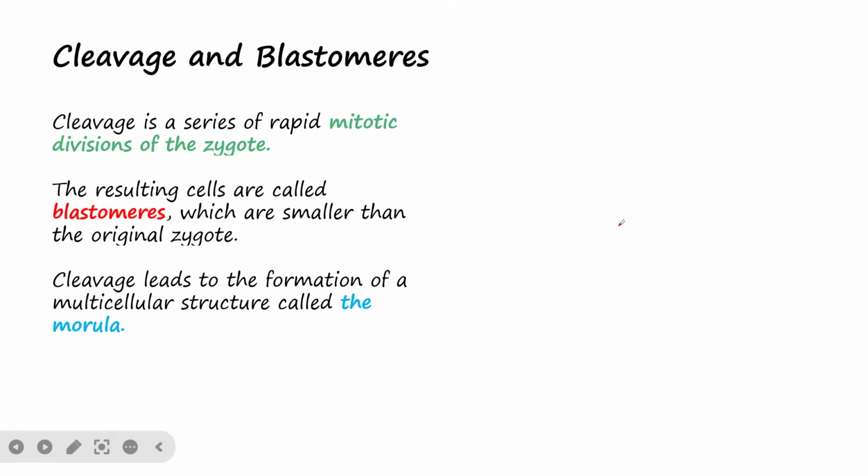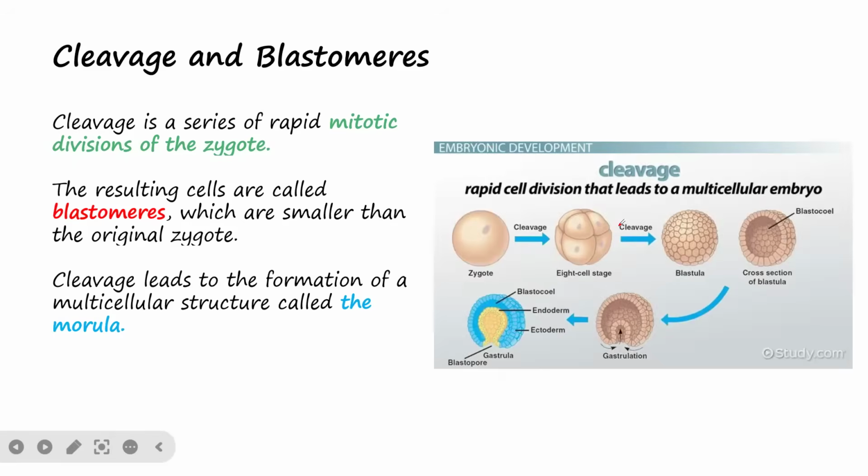So the cleavage leads to the formation of a multicellular structure called the morula. Let's look at it. You see, this is the zygote. The zygote cell will now cleave itself into an 8-cell stage. And from there, it will further cleave to produce a blastula.